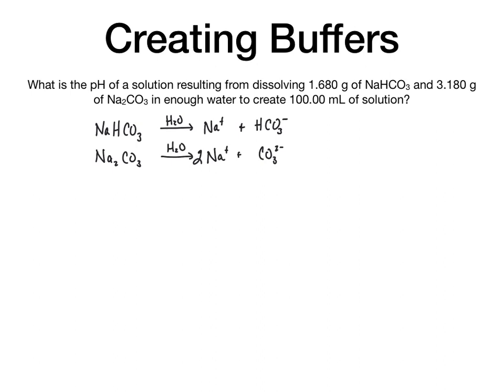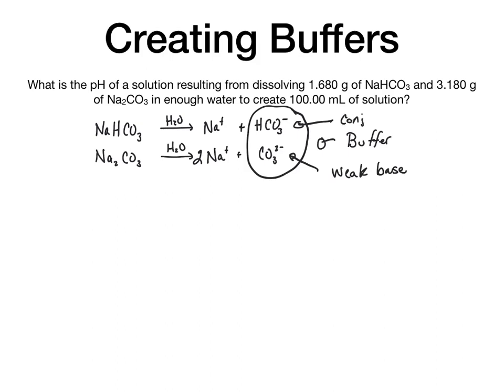And so this creates a solution where we have a weak base and its conjugate. And so this is a buffer where the carbonate is the weak base and the bicarbonate is the conjugate weak acid.